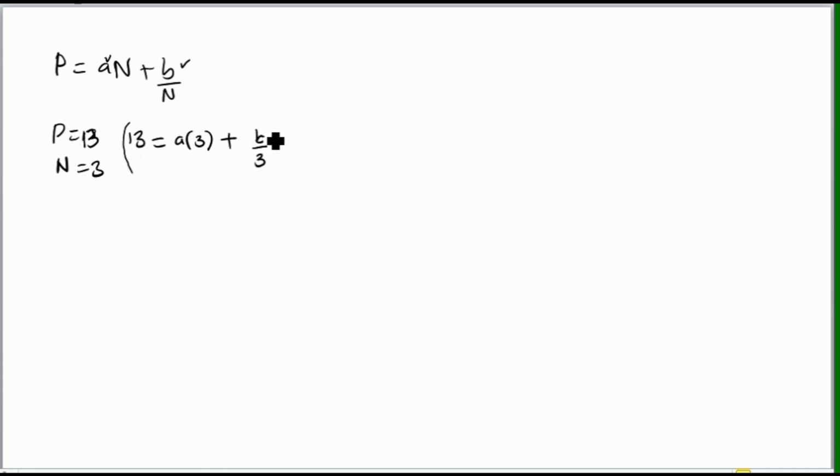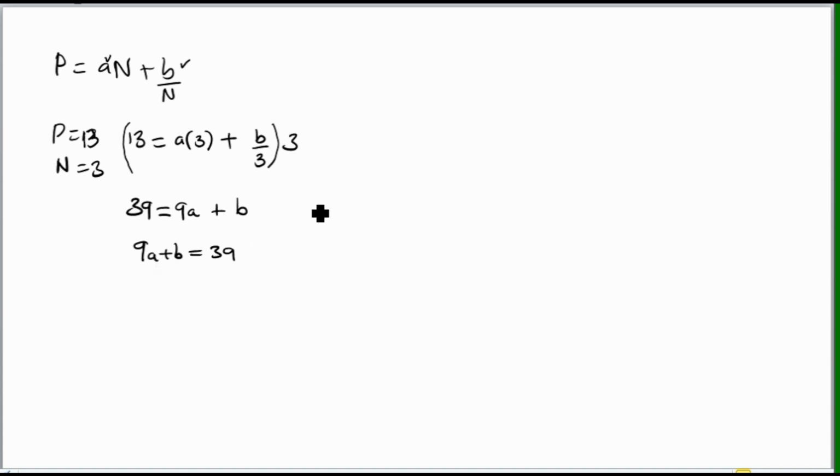Okay, I can decide to multiply everything by 3, so that 3 times 13 gives me 39 equals 3 times A times 3, that is 9A, plus B over 3 times 3 is B. Now rearranging this equation, I shall have 9A plus B equals 39.